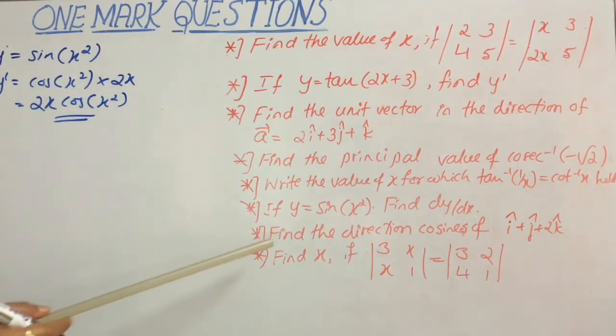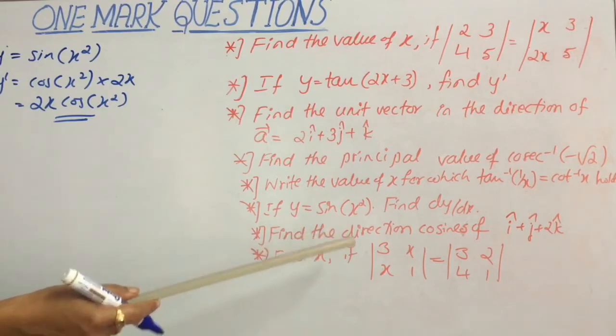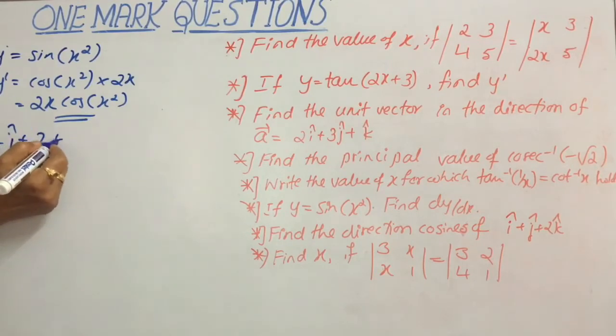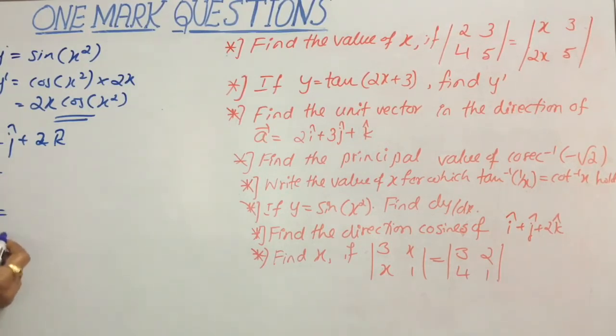Now consider the next question. Find the direction cosines of i cap plus j cap plus 2k cap. To get the direction cosines l, m and n, consider each coefficient of i, j and k.